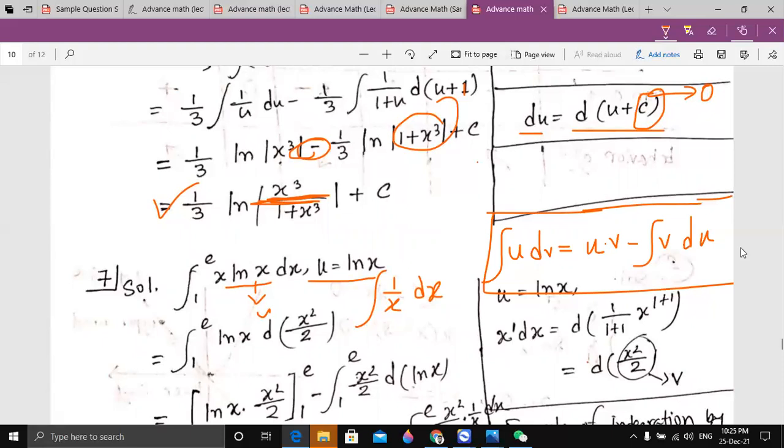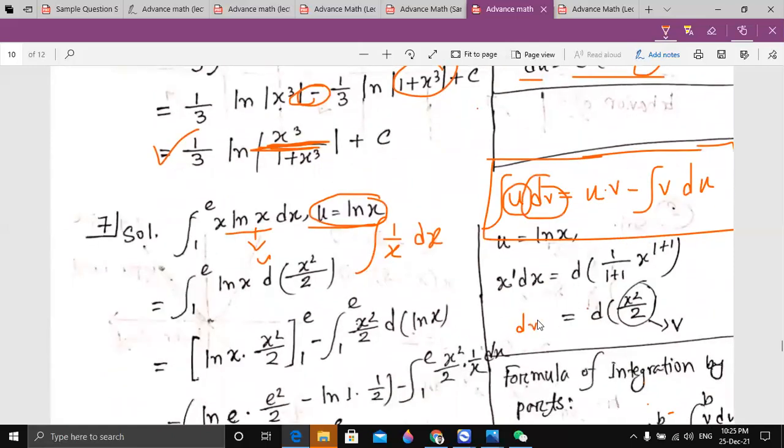This is the u substitution rule of integral calculus. We already know that u is equal to ln x. Now we have to find dv, so dv means the integration of this function.